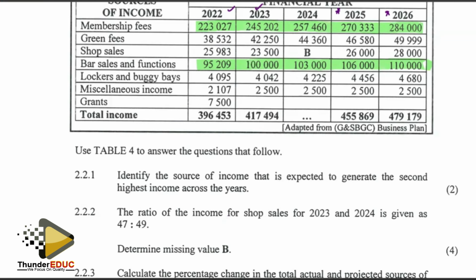So they expect the bar sales and the function. It's a source number 1, 2, 3, 4. Source number 4.